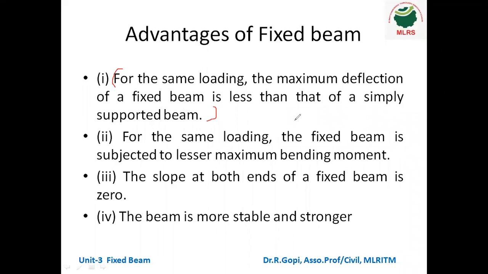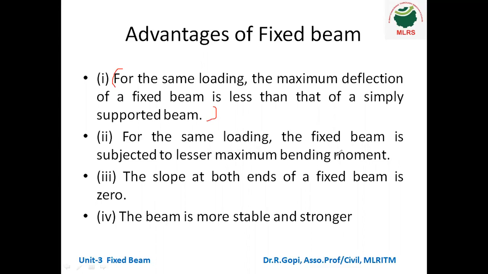If you analyze the deflection, the simply supported beam gives more deflection. Suppose the simply supported beam gives 10 mm deflection, then the fixed beam will give only 3 mm or 4 mm. So the deflection is very small compared to a simply supported beam. That is the major advantage.